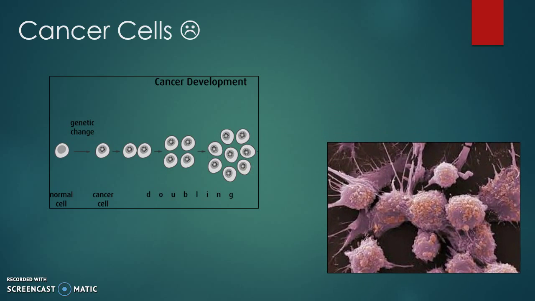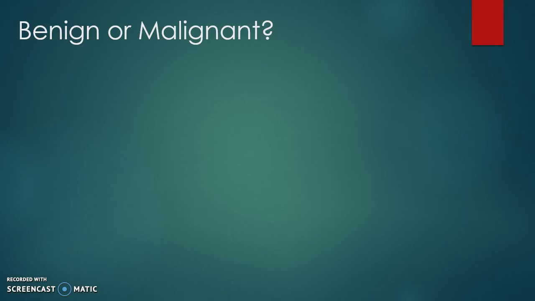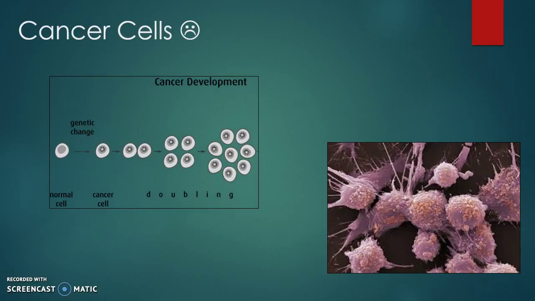This picture to the right is a picture of just a really gross looking cancerous cell, or cancerous cells dividing. Kind of looks like snot balls. I'm sorry. Okay, let's go back.